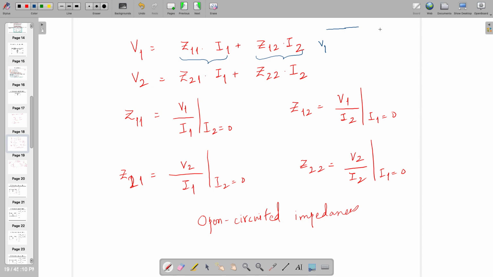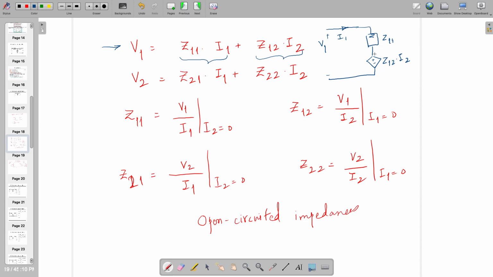If they are in series, what I can say, if this is I1, there is an impedance function which is Z11, and you may have another voltage source whose name is Z12 times I2. I am drawing what is written here. V1 is equal to, if I am looking here, V1 equal to Z11 times I1 plus Z12 times I2.